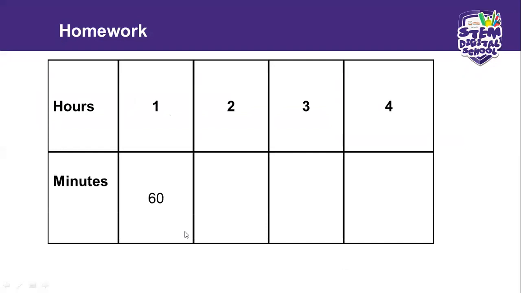Okay, this is just a small one. You are going to draw a table where you write hours. How many columns? 1, 2, 3, 4, 5 columns. How many rows? 2 rows, okay? In the first row of the first column, you write hours, and then in the second row of the first column, you write minutes.